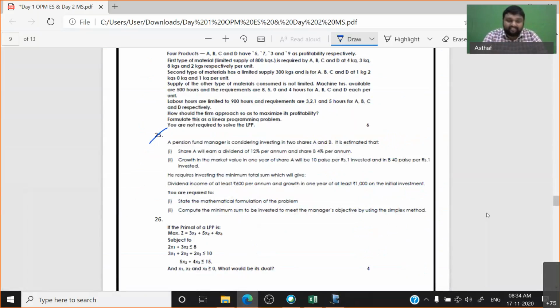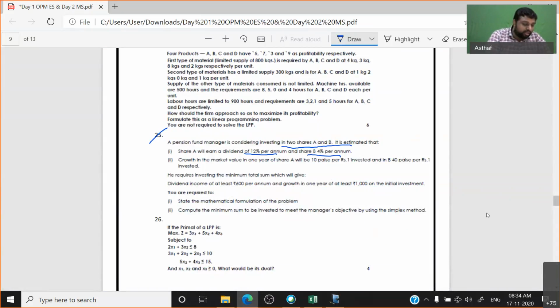What is 25? Very interesting. A pension fund manager is considering investment in 2 shares, A and B. The share of A will earn a dividend of 12% per annum, B 4% per annum.